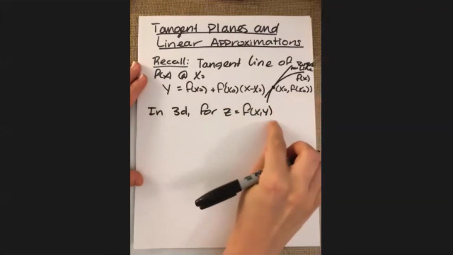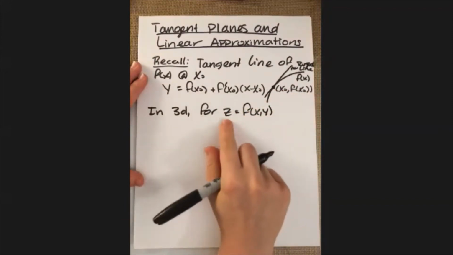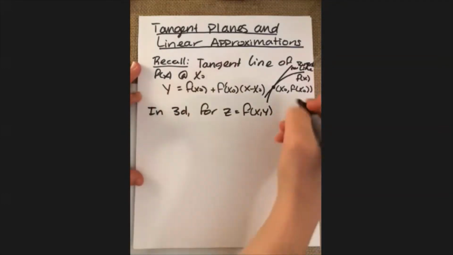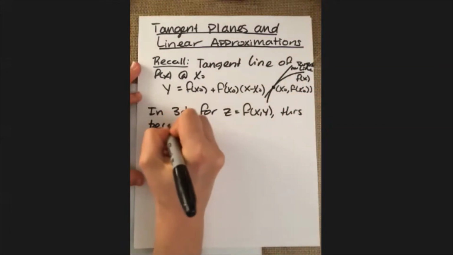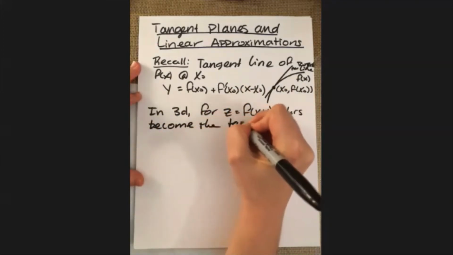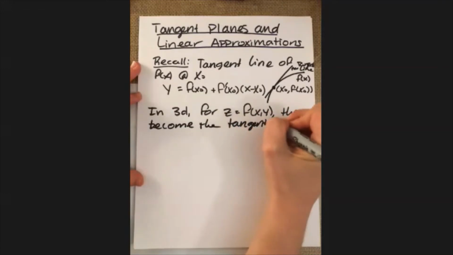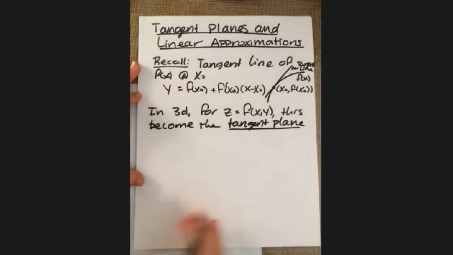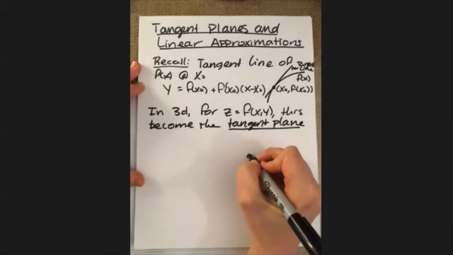So now our function is in terms of x, y, and sometimes I'm going to use a z here to represent the value of the function f at x, y, just for cleaner notation. We're going to wind up working with a tangent plane instead of a tangent line. So I can try to draw a picture here.